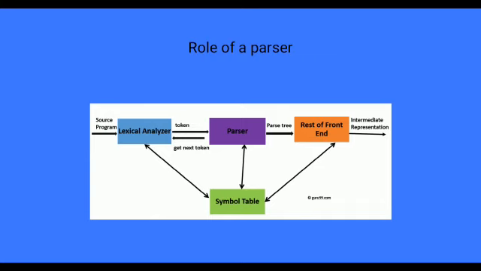The symbol table contains all identifiers along with their types, so that it makes it easier for the compiler, the lexical analyzer and the parser to quickly search and identify records easily, whatever you require. Upon receiving a get next token command from the parser, the lexical analyzer reads the input characters until it can identify the next token.